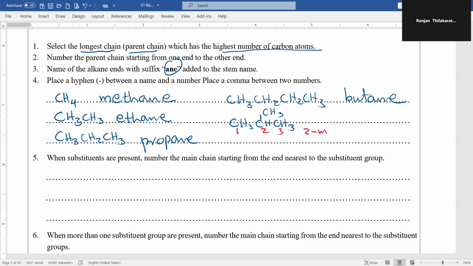Then 2-methyl. And then the parent chain consists of 3 carbon, so it is prop. And the compound is an alkane, so ane. Then 2-methylpropane. The name is 2-methylpropane.